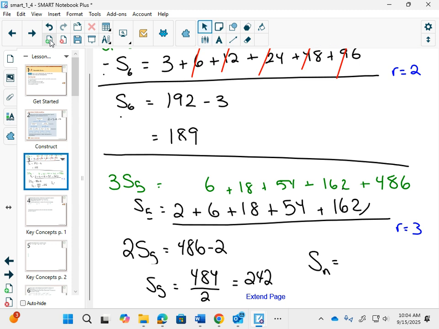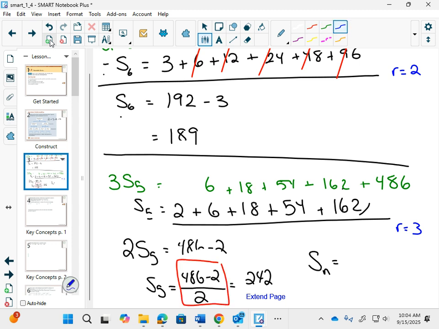Like if we circle important things in the formula, we'll look at this right here and circle the important things. I had the 486. The 486, how did I get the 486? I took the last term and multiplied it by my R value.